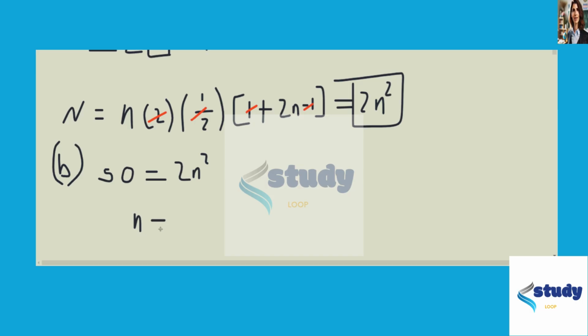So 50 divided by 2 is 25. So it's the square root of 25. Root of 25 is simple. So this is n equals 5, and it's the solution to our question.